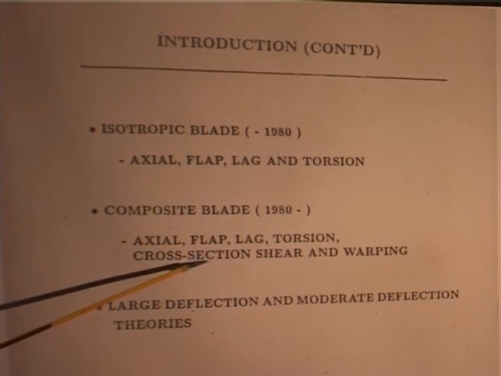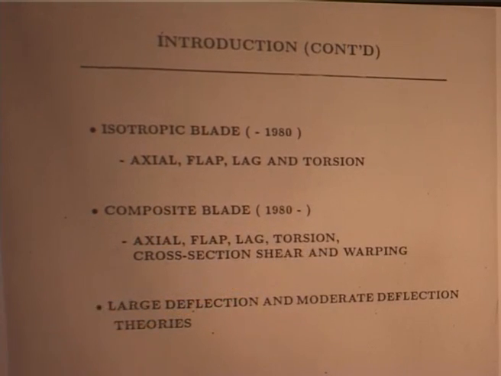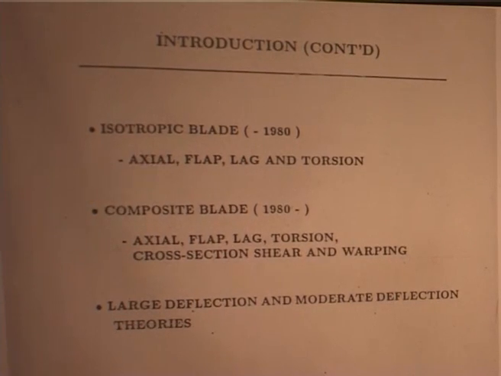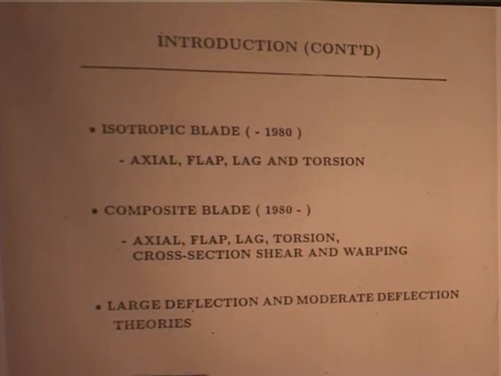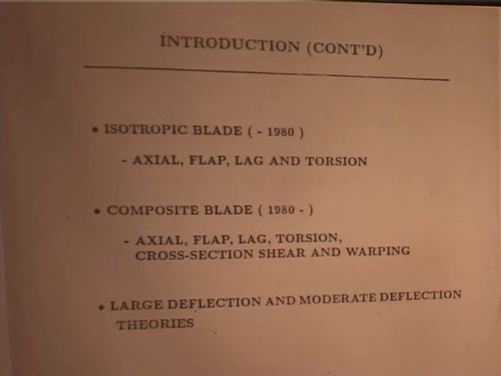Then they said we will add this. Then of course, warping, bending warping, various types of warping. Torsion warping is important, that has to be considered here. Then people also developed large deflection, moderate deflection. Moderate means you make some approximation. Because if you use this, I am not writing any equation here, you will find the strain expression itself will be messy, strain to displacement. You will have a lot of terms.